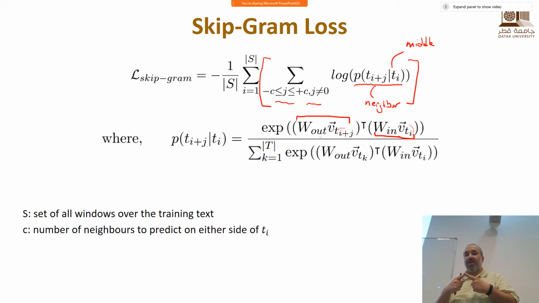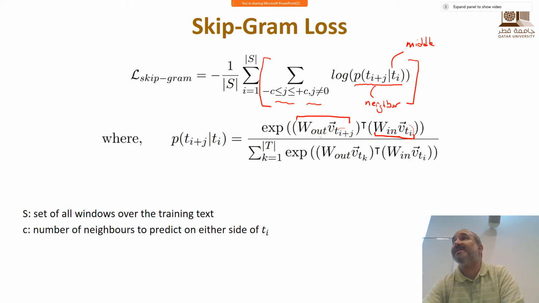So we can think of it as the similarity between these two terms. But in what space? In the embedding space. This is what we want to learn. So that's the similarity between the representation of the input word in the embedding space and the representation of the output word in the embedding space.